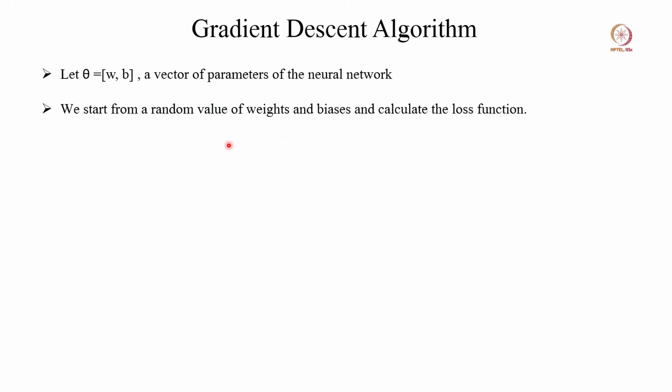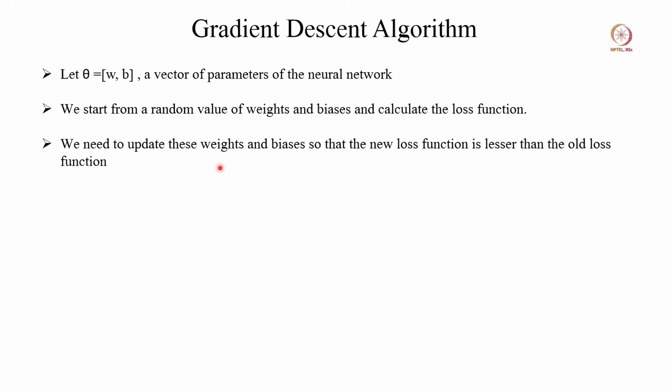Now, we start from a random value of weights and biases and calculate the loss function. So, we have seen in our previous discussions also how to calculate the loss if you know the weights and biases values. Okay. So, from there we take some random values of weights and biases and calculate the loss function.